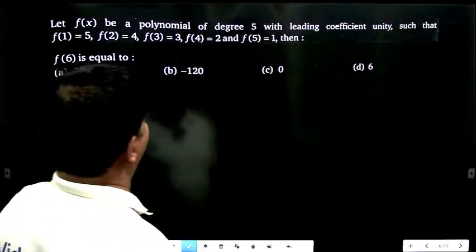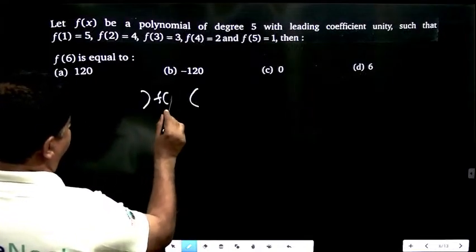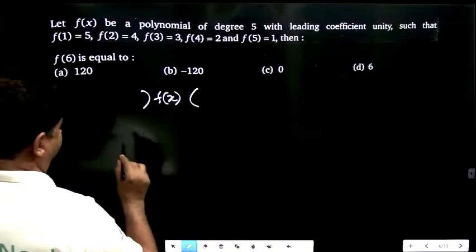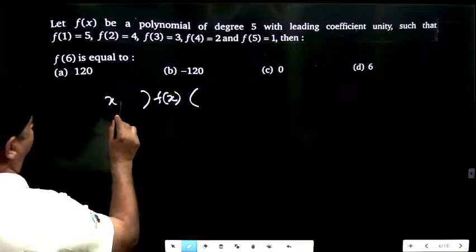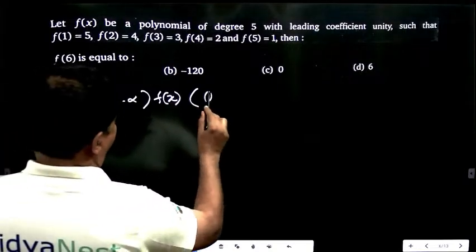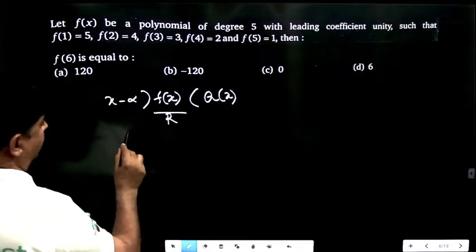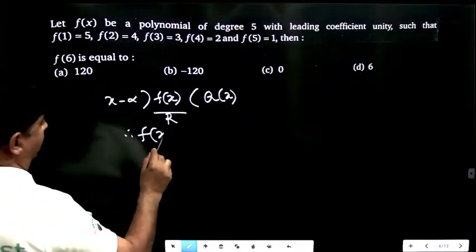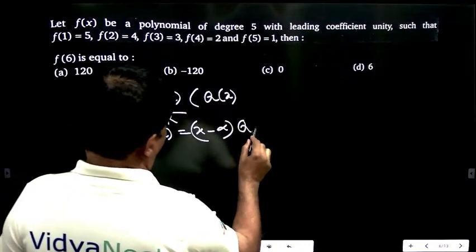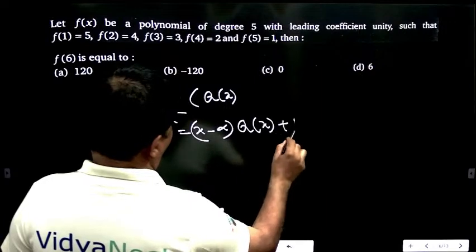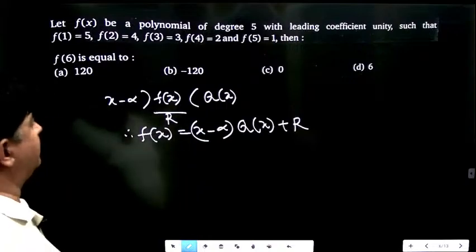Suppose you are going to divide fx by any factor x minus alpha, qx is the quotient, r is the remainder. Then you can write fx is equal to divisor into quotient plus remainder. Yes or no? That you are taught in your junior class. Okay.